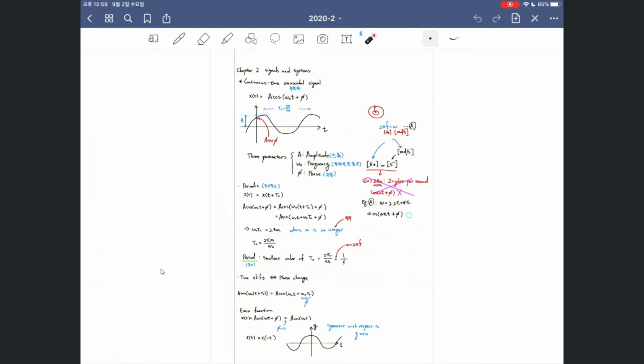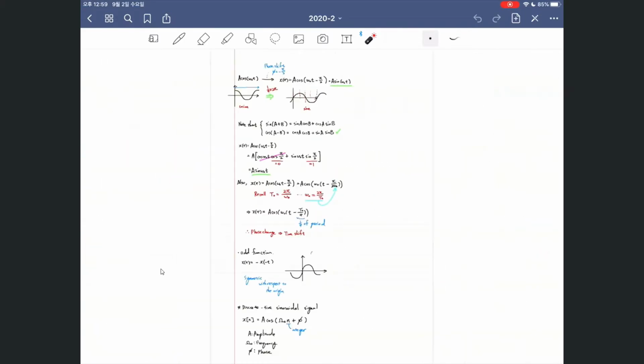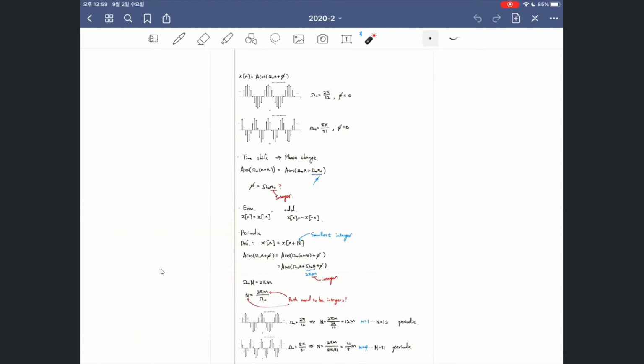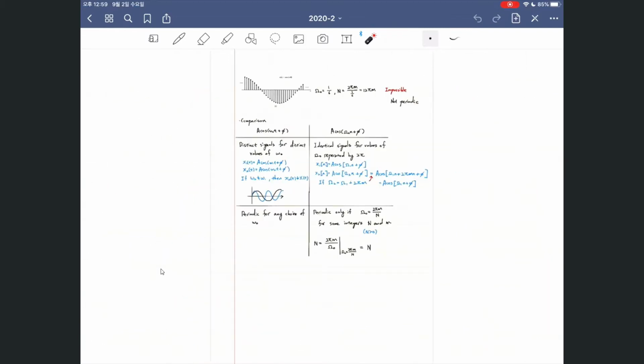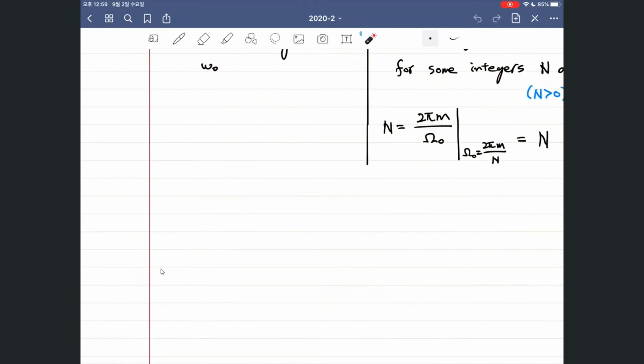We talked about the period and the time shift, and we compared the characteristics of the continuous time and the discrete time. And today we will talk about the exponential functions, and the first one is the real exponential signal.